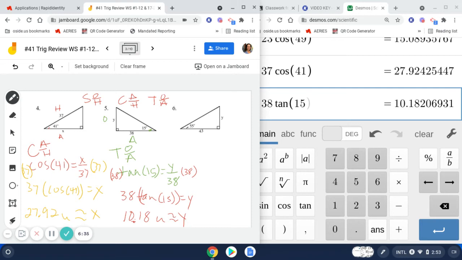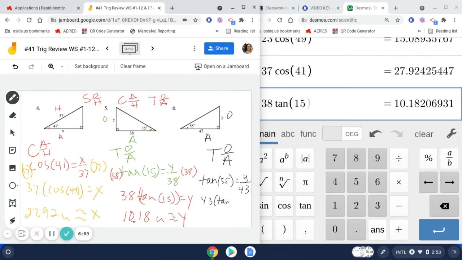Okay, how'd you do? Did you see this opposite and adjacent? This is a TOA again. So we say tangent of 55 degrees is equal to opposite over adjacent. Multiplying both sides by the 43, we get 43 times the tangent of 55.